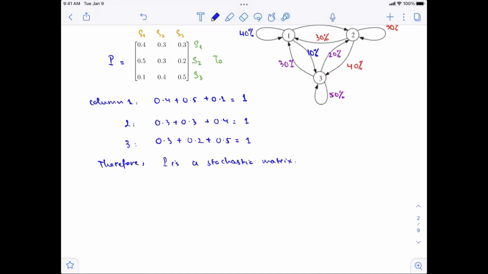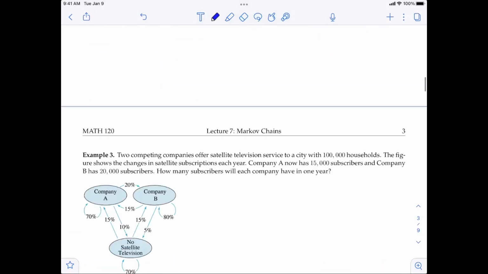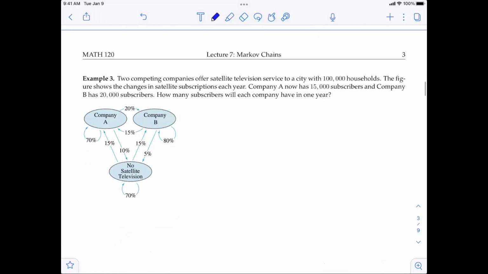Okay, and it's very useful to understand the stochastic matrix, or to form the stochastic matrix, because it will give you some idea how to do the calculation to make predictions in the future. All right, so let's see how it gets used in the following example. In this example, you have two competing companies offering satellite television service to a city with 100,000 households.